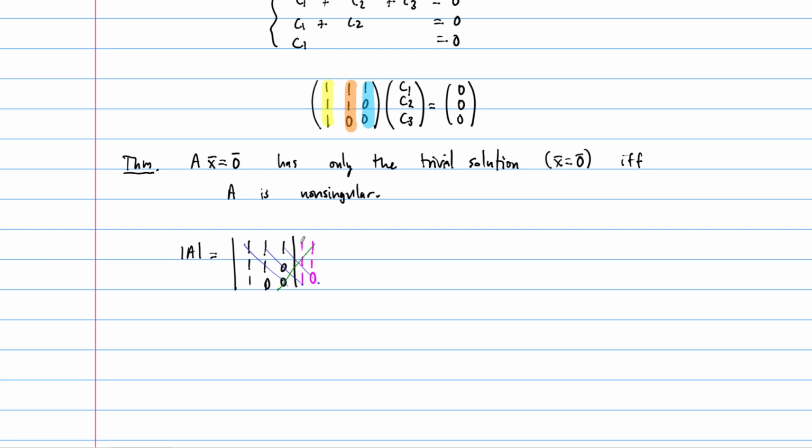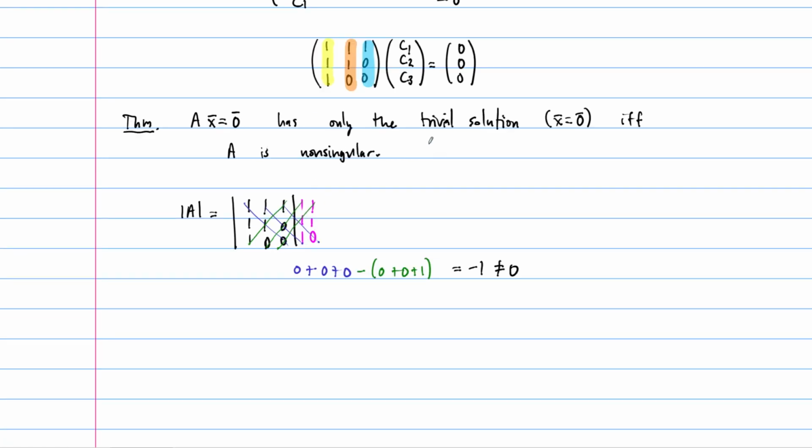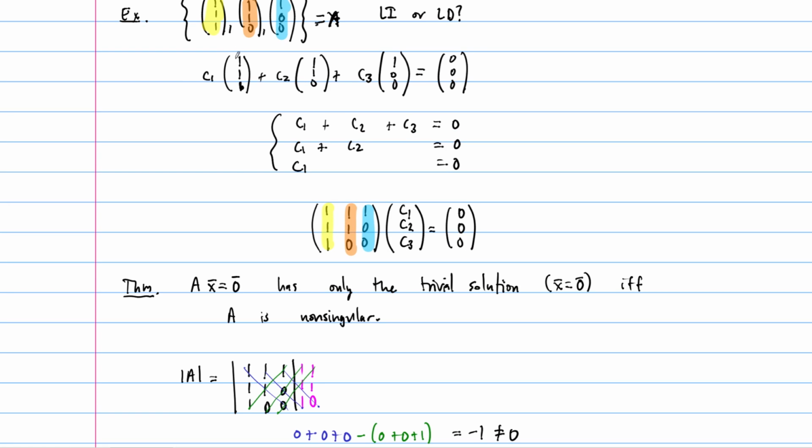So just be careful how you draw them. And so the blue is going to be 0 plus 0 plus 0, and then the green is going to be minus 0 plus 0 plus 1. All right, and so altogether this is minus 1. Minus 1 is not 0. And so the coefficient matrix is non-singular, and therefore these vectors are linearly independent.